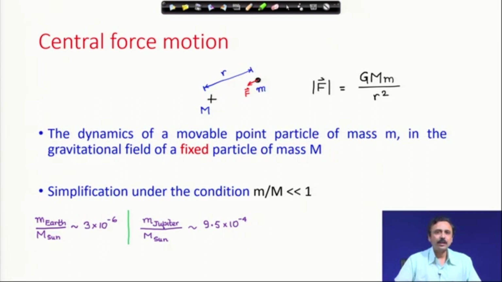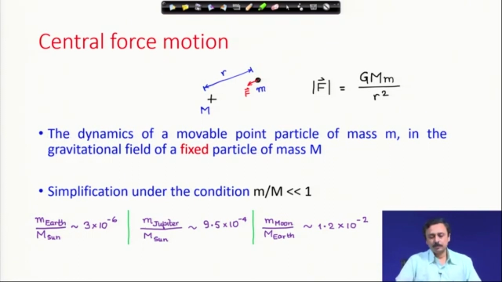It depends on how much accuracy you want and how long you want to study the orbit, because it is going to induce errors in the orbital motion of Jupiter. 9.5 into 10 to the power minus 4 is not a very small quantity, but still it is small. So, we might study the motion of Jupiter around the Sun by considering that the Sun is fixed, but it will induce much more error than what will happen with the Earth.